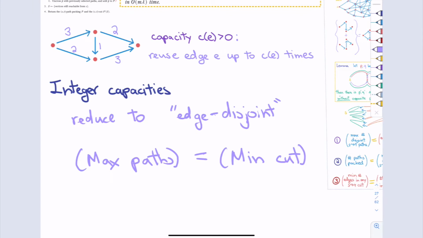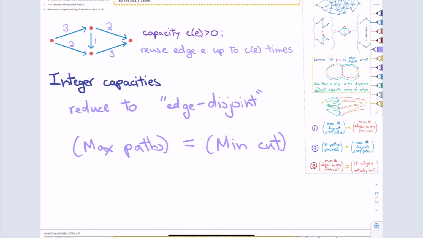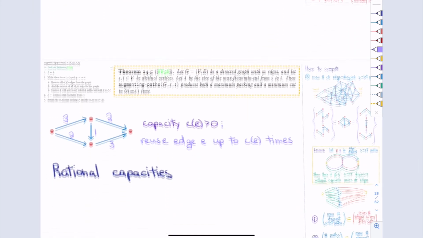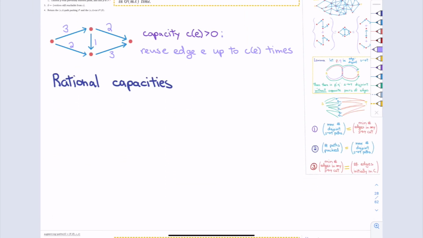Now, eventually I want to work my way up to real valued capacities. The next step is rational capacities, when the capacity of an edge is like 33 over 100 for various edges. But as I asked last time, and it was answered by the class, we can clear denominators.